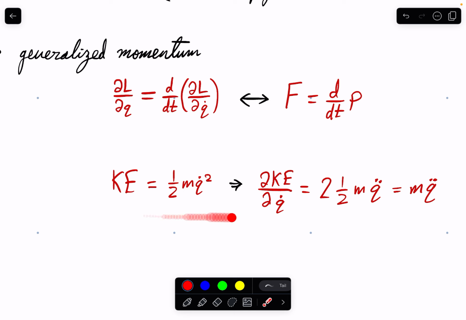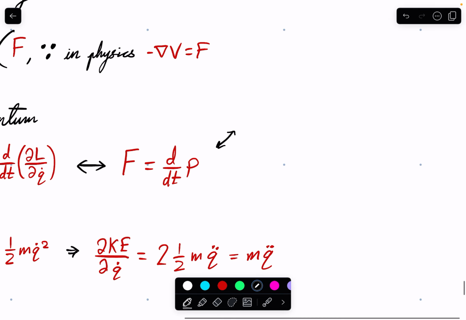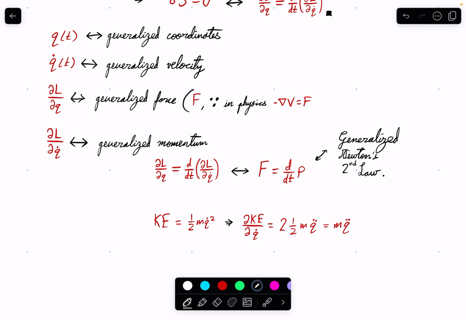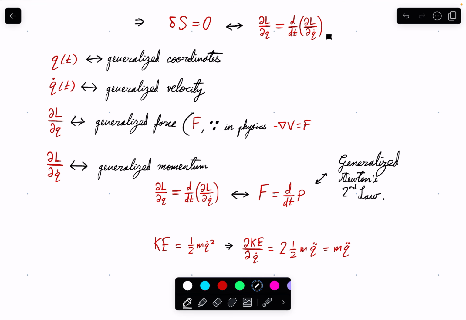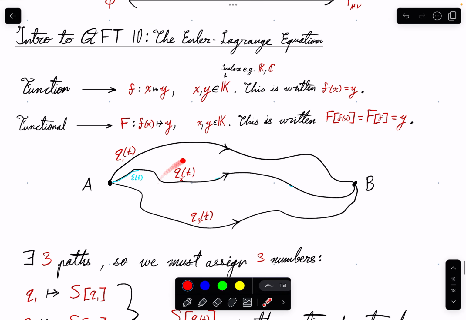So you just get something that looks like Newton's law. I don't know if this is a term that's used a lot, but I call it the generalized Newton's second law. And so that's what Lagrangian mechanics pretty much is doing. It just generalizes the Newtonian approach by looking at the efficiency of paths.